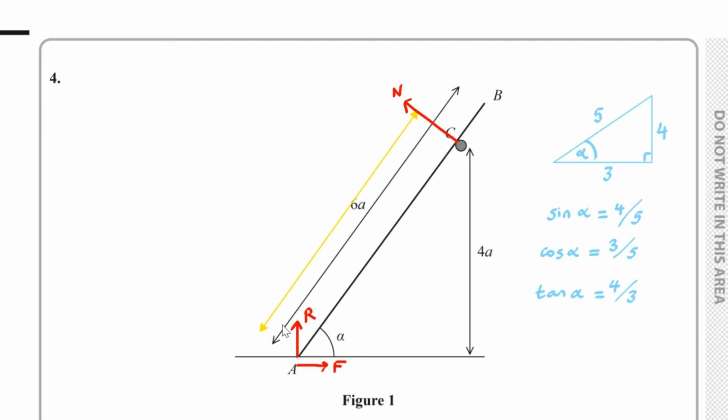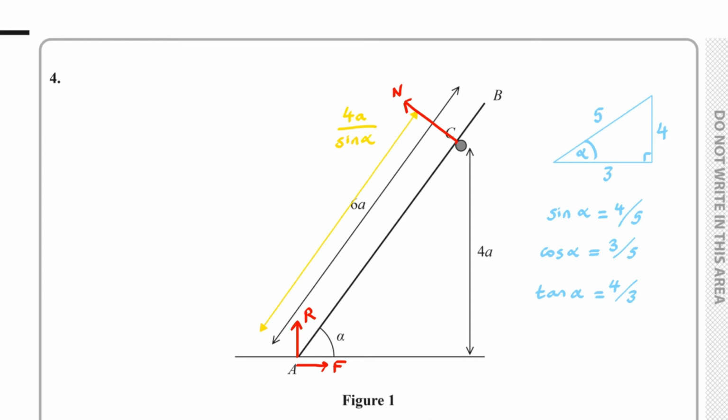This is the hypotenuse. So therefore this length through trigonometry is 4a over sine alpha. And the midpoint over here of AB, that's going to be at 3a.